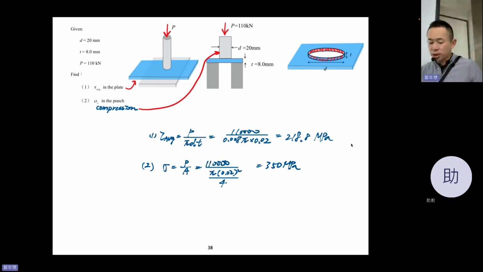The next problem is easy as well. Okay, this is relatively easy. I'm not worried about this. And the next problem is also easy.